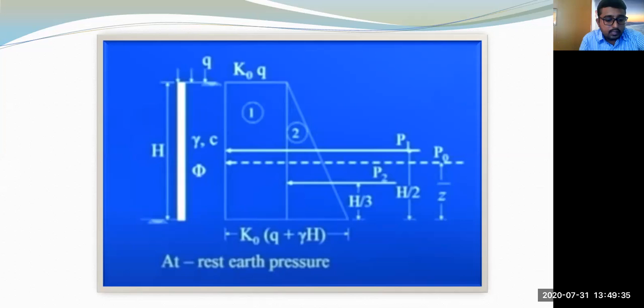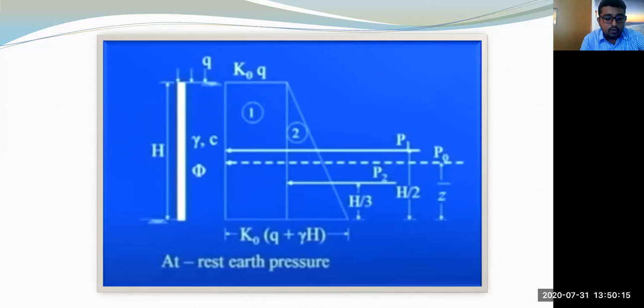These are two different cases, but in reality they are not two separate things; they are one entity. After knowing this lateral earth pressure diagram, we need to find the total resultant force and its line of action. Separately, P1 acts at H by 2 from the bottom of the wall, and P2 acts at H by 3 from the bottom of the wall.